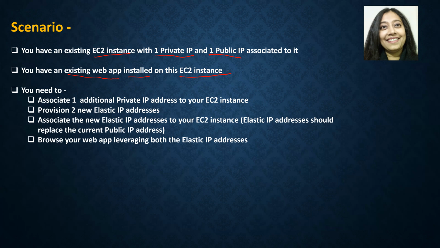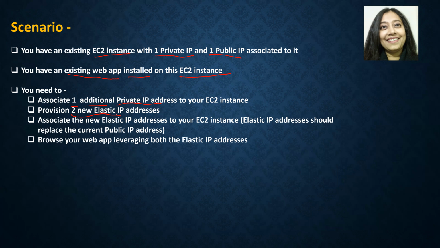What you need to do as part of this lab is associate one additional private IP address to your EC2 instance. After that, you need to provision two new elastic IP addresses.